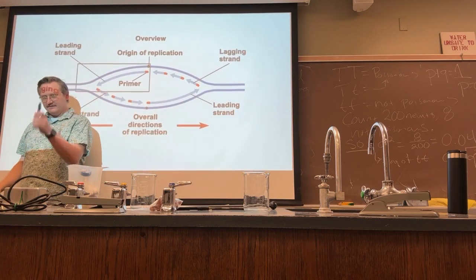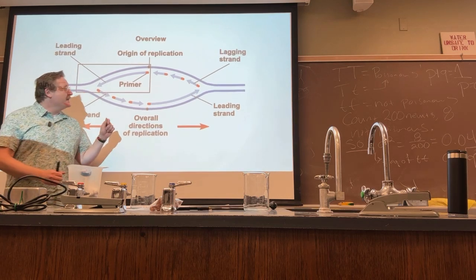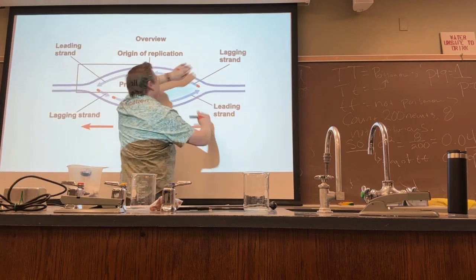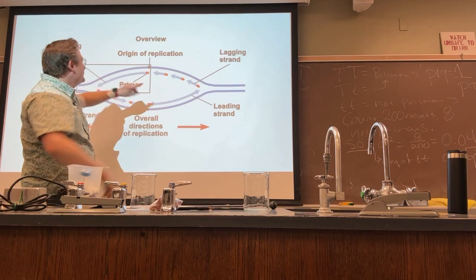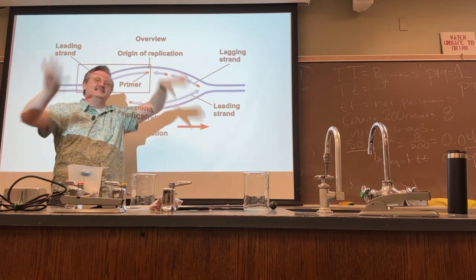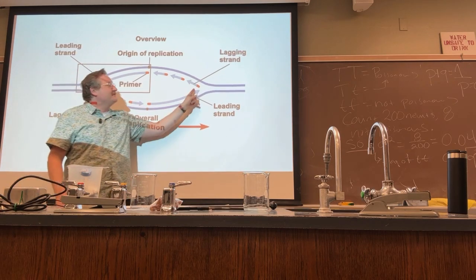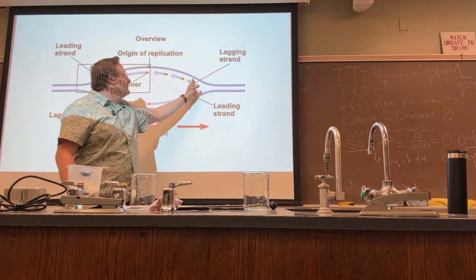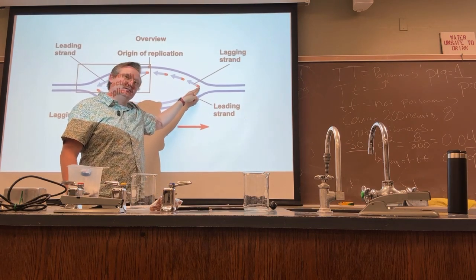All right? Yes, please. Being opened up from left to right. It's being opened up at each of these replication forks. Yeah, so this bubble is just expanding in both directions. Awesome. So each replication fork has all those enzymes at play, separating the DNA, stabilizing it, untwisting downstream, all that stuff. So you have to keep adding new primers and then running the DNA molecule up to that previous primer.